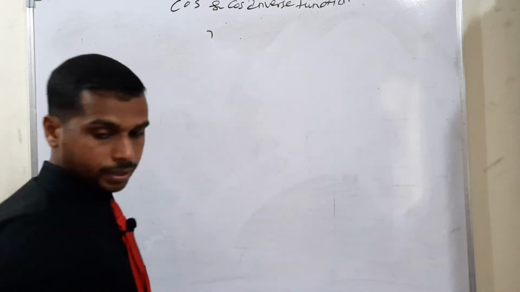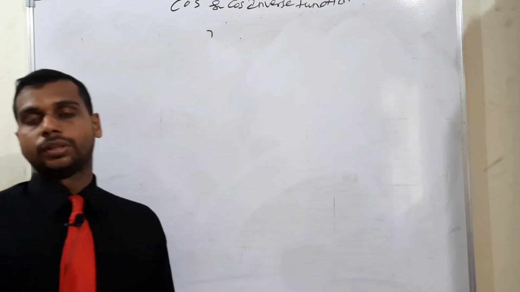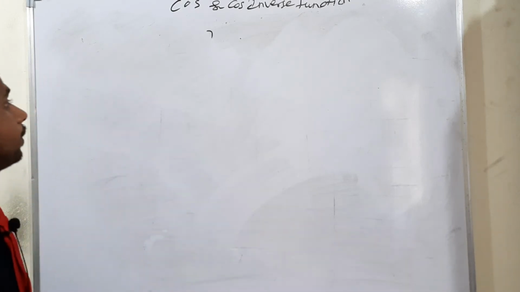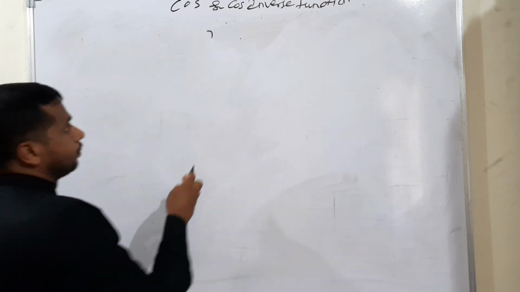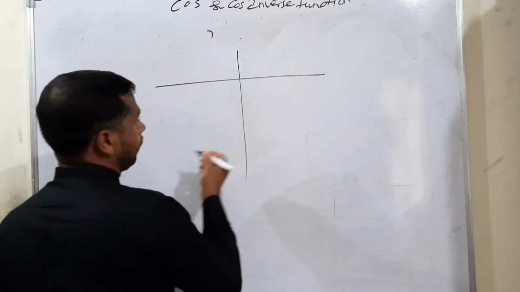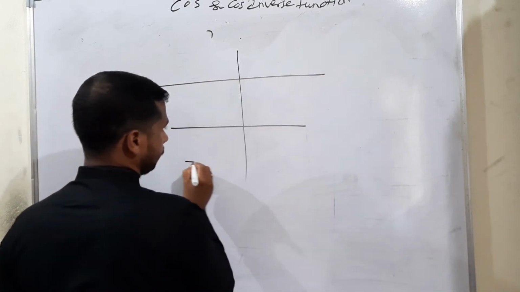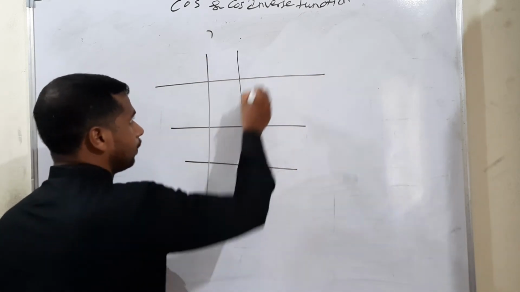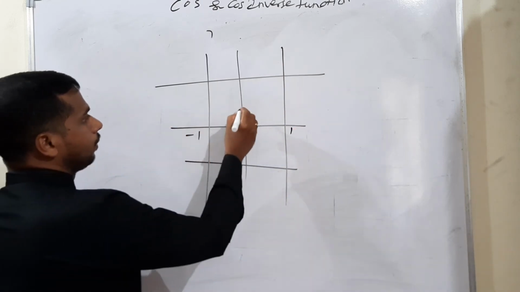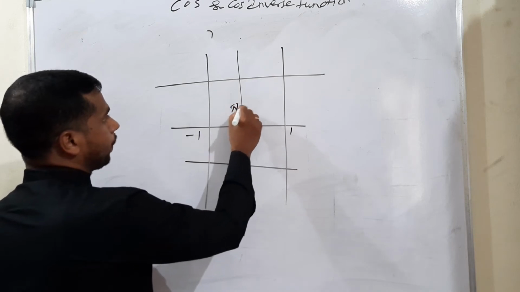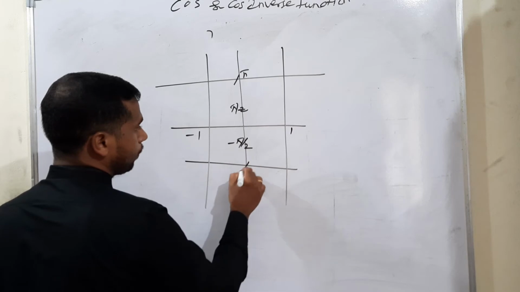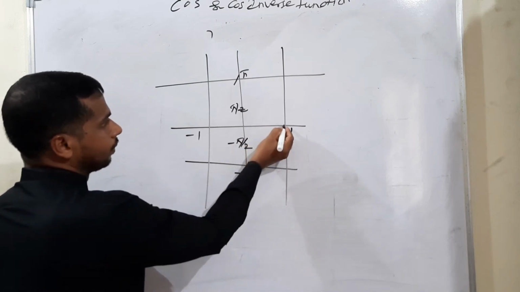The last point actually: the cos function is neither an even nor an odd function. Why are we saying that? Listen very carefully. The cos inverse graph goes from positive 1 to negative 1, then this is pi by 2, this is pi, on the negative side this is negative pi by 2, this is negative pi.